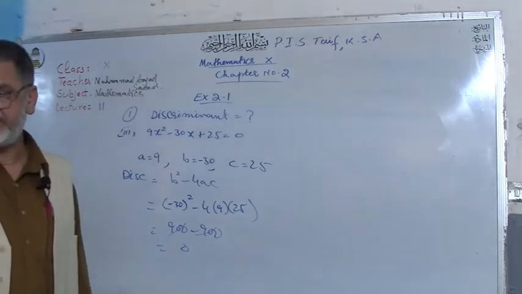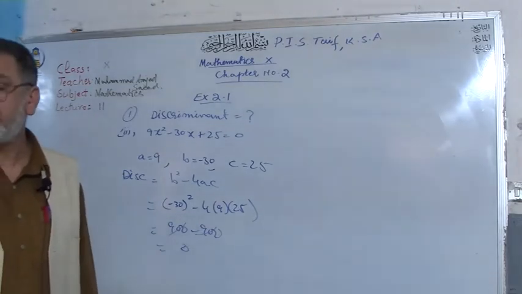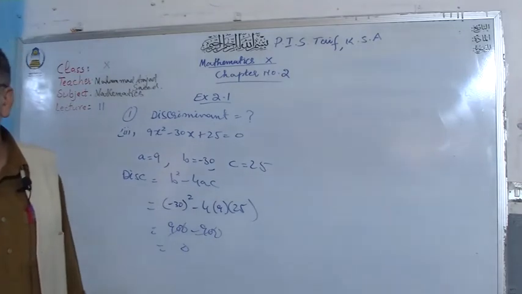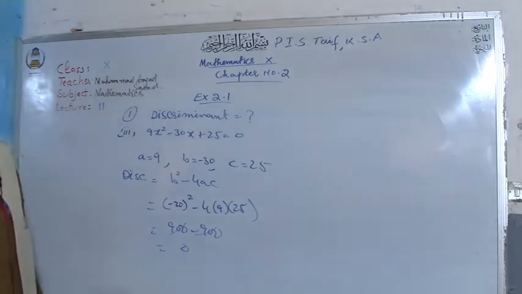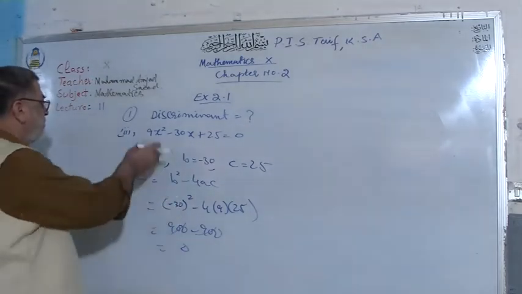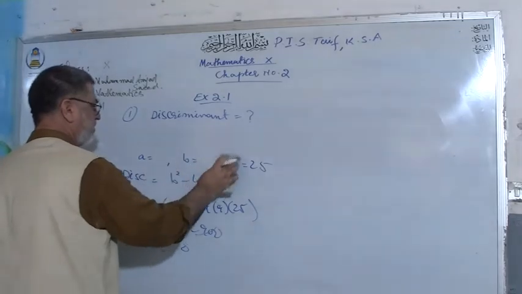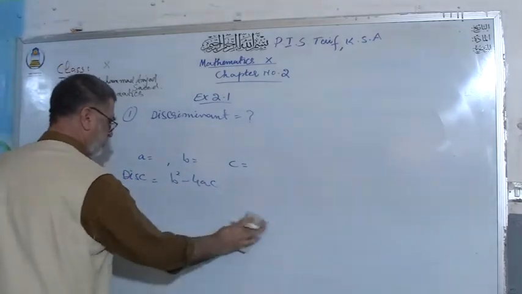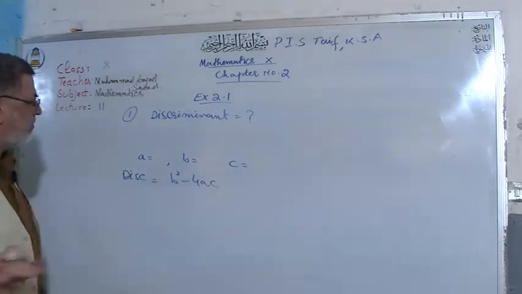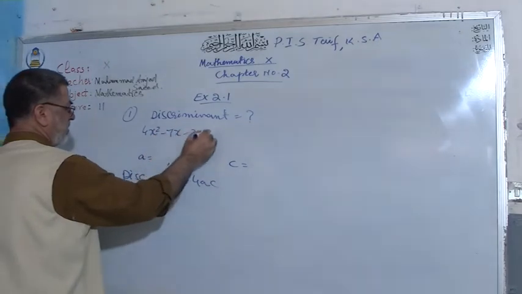After that, we have question number 1, part number 4: 4x square minus 7x minus 2 is equal to 0.